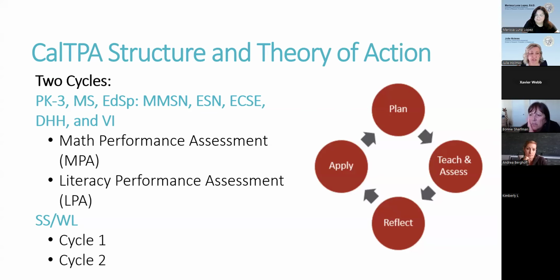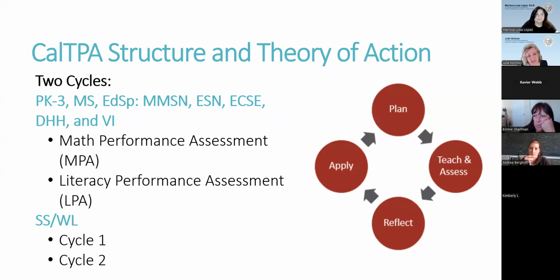Within each of those 2 cycles, there are 4 steps: plan, teach and assess, reflect, and apply. In step 1, planning, they're designing their lesson or lessons, depending on which cycle they're doing. For math or cycle 1, they're doing 1 lesson. And for literacy and cycle 2, they're planning 3 to 5 lessons. Then in step 2, they're teaching and assessing.